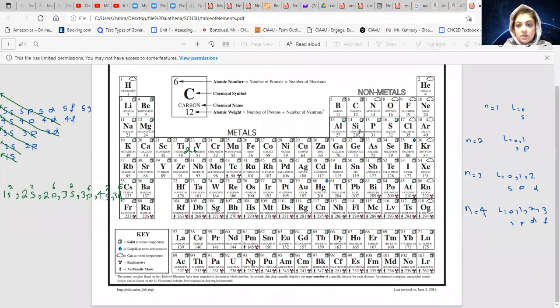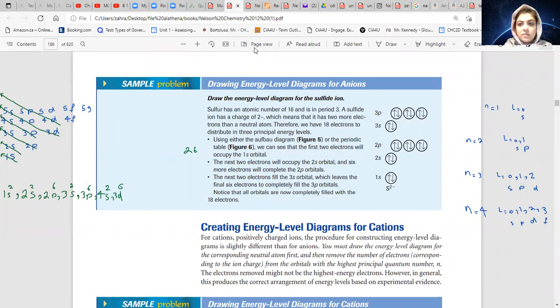Okay, as you see this sulfide ion, so here is S, it has 16 electrons. Now I'm going to do the same thing for 16 electrons. Here is 10. So I just have to erase this. And I have 4 more here on the right.